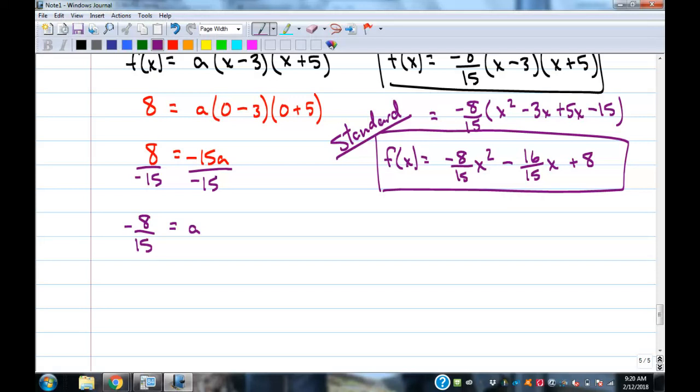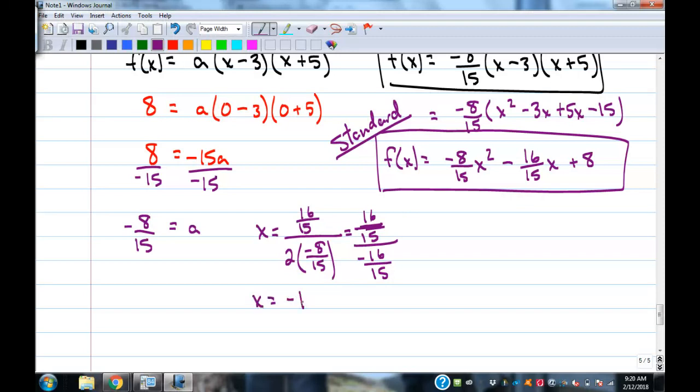It's about the same amount of work, so I'm going to do it by finding the vertex. So negative b, so 16 over 15, divided by 2 times a. So that ends up being 16 over 15 divided by negative 16 over 15, which would be what?